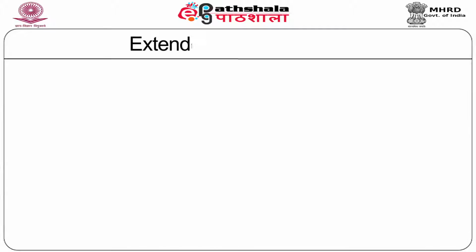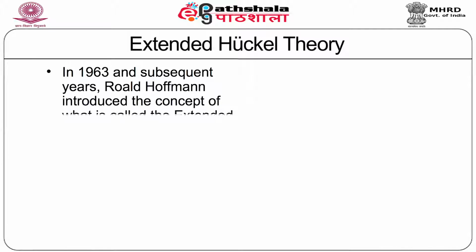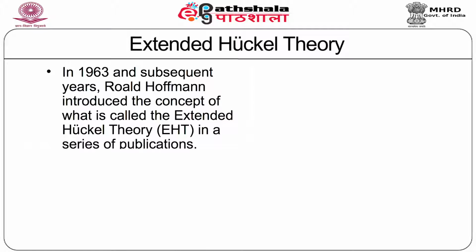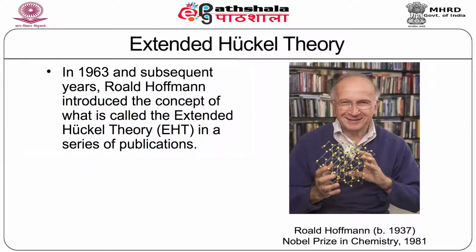Although the idea for extended Huckel theory had been proposed by some other scientists, a systematic development of the extended Huckel method was made by Roald Hoffmann in 1963 and subsequent years. Roald Hoffmann is an American scientist who was born in 1937 and he got the Nobel Prize in Chemistry in 1981.